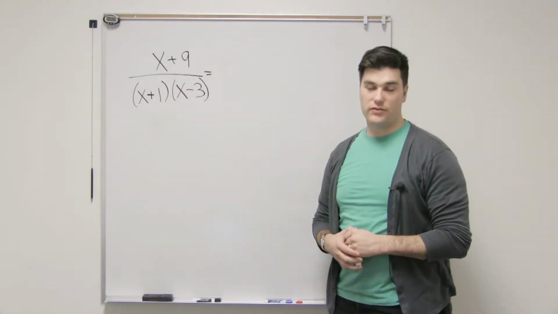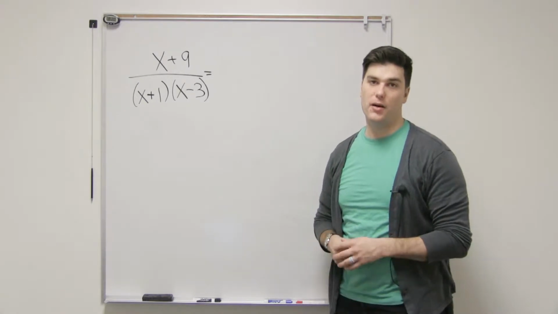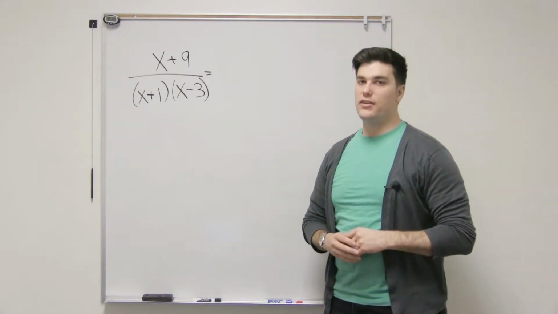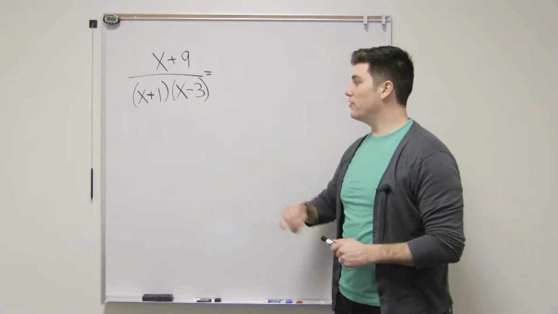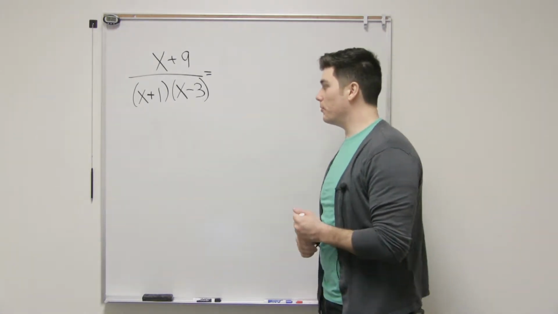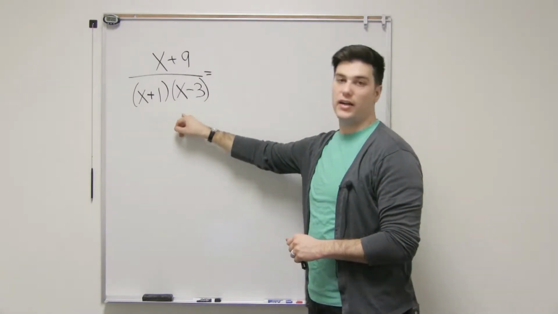When asked to find the partial fraction decomposition, we will reverse the order of finding common denominators and combining two fractions. In order for you to see how this correlates, we will find the PFD of the example we just walked through. So we begin by noting that the denominator has been factored into two unique factors.